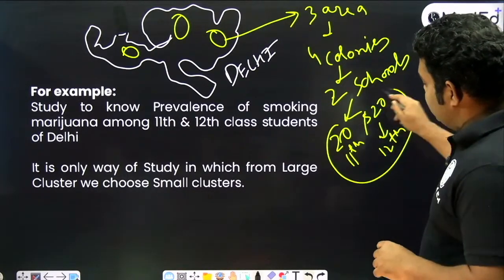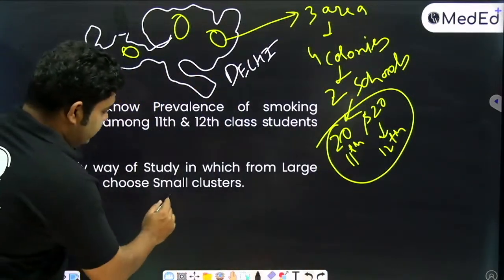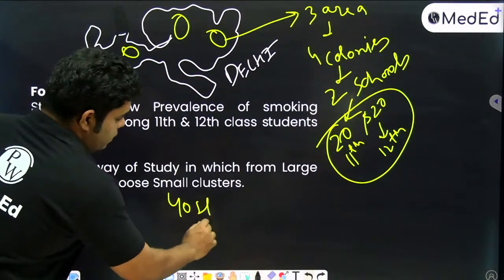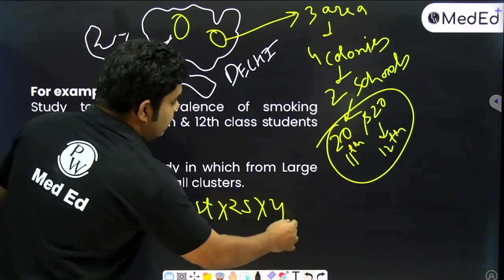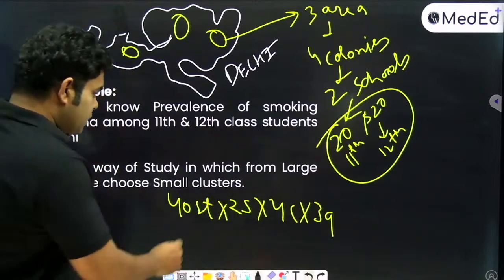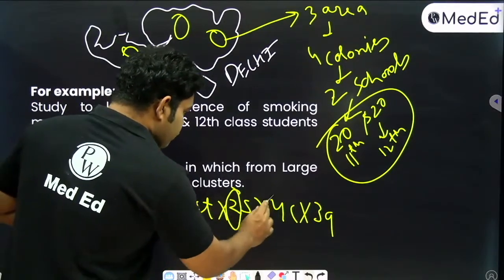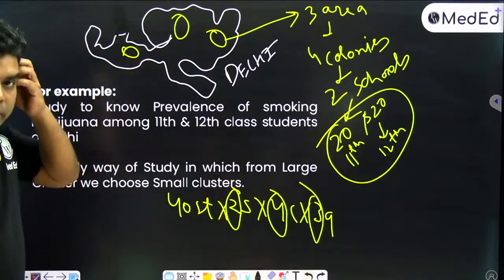So what sample size have you chosen? You had chosen 40 students from 2 schools, from 4 colonies, from 3 areas. So how much will it come? 2 into 4, 8 into 3, 8 into 3 is 24.